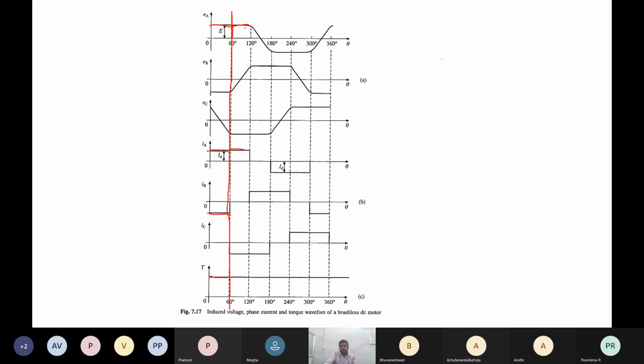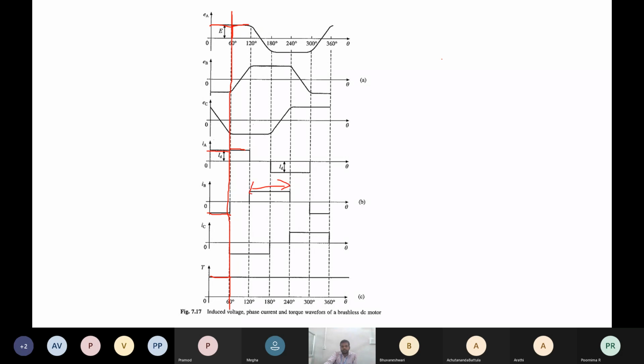So here at 120 degree, the phase A voltage gradually decreases. At the same time, it increases and is constant in the phase B. So this constant phase B made to flow the voltage constant in this duration.